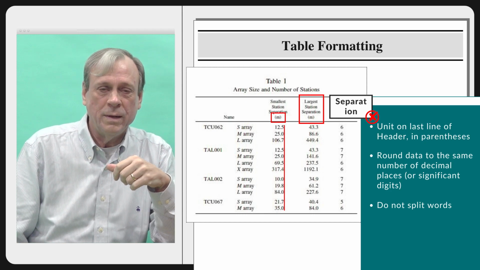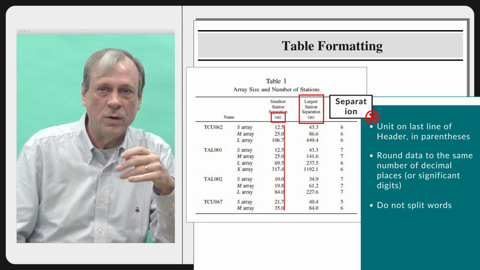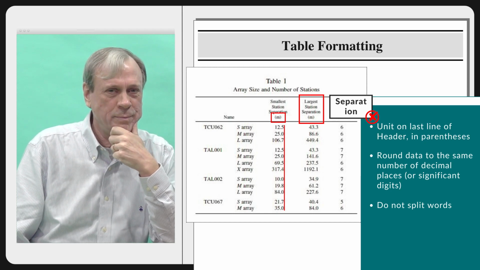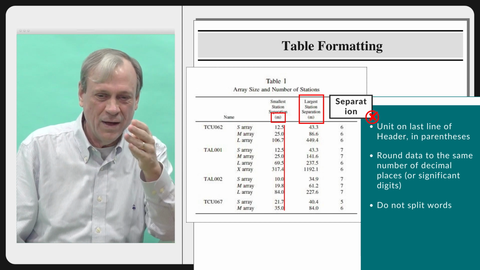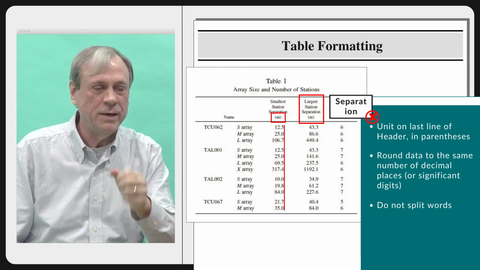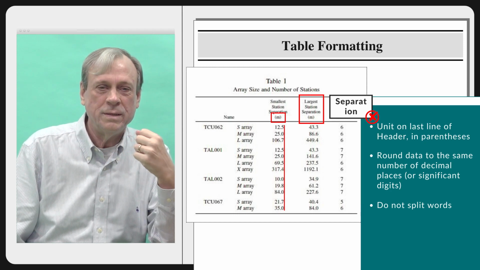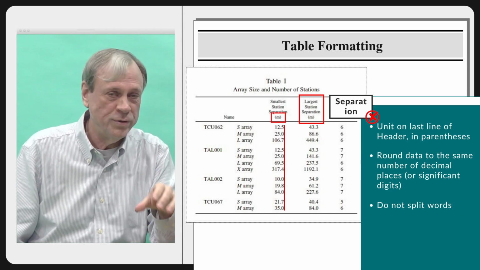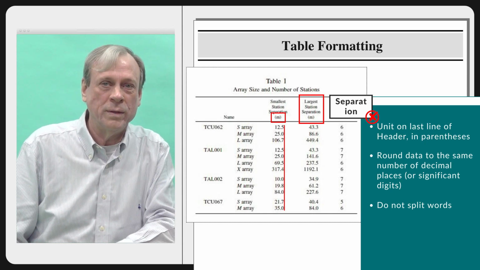Make your column wide enough so you can get the words all there. Because if you have something like "separate ion," people are going to wonder what that is. You can divide Chinese characters, you can write Chinese characters vertically, there's no problem. But English words, if you have to do this, use a proper hyphenation or an abbreviation or something in order to put it all on one line.